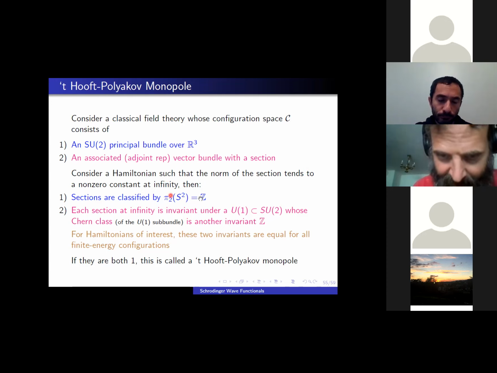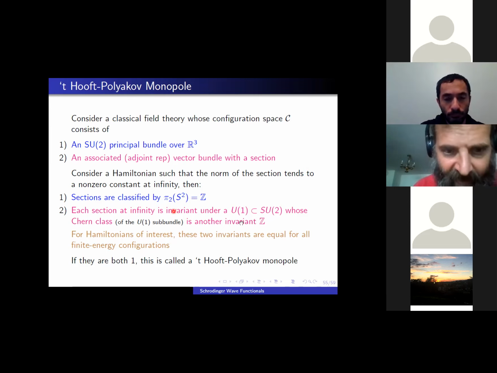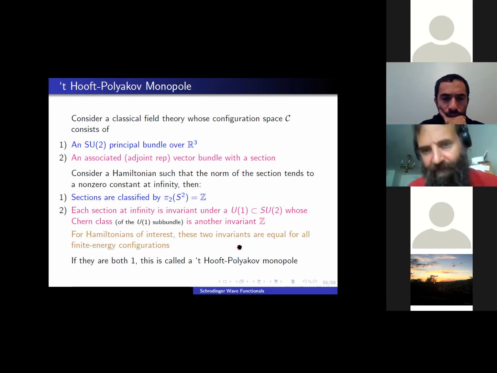So these are maps in pi2 S2. So there's an integer z which classifies these sections. And each section also at infinity, since it's non-zero, leaves invariant a U1 subbundle of the SU2 bundle, which has a Chern class. So that gives you another z. Now for the Hamiltonians we're interested in, for finite energy configurations, the two integers are equal. So there's really just one number z which classifies these configurations. And if they're both 1, this thing's called the 't Hooft-Polyakov monopole. So any questions about what it is? So it's a configuration in the space of bundles together with sections.